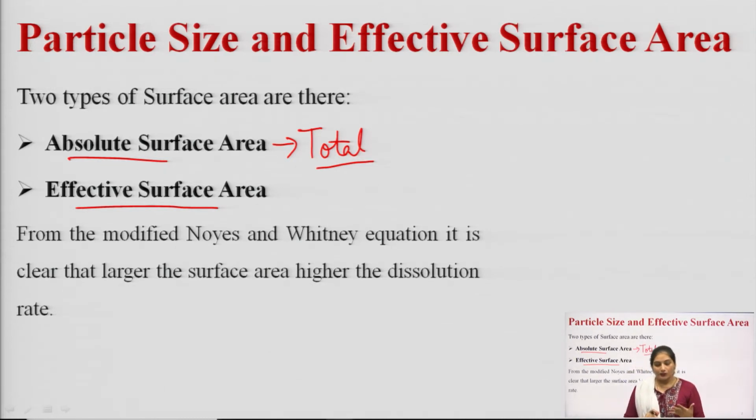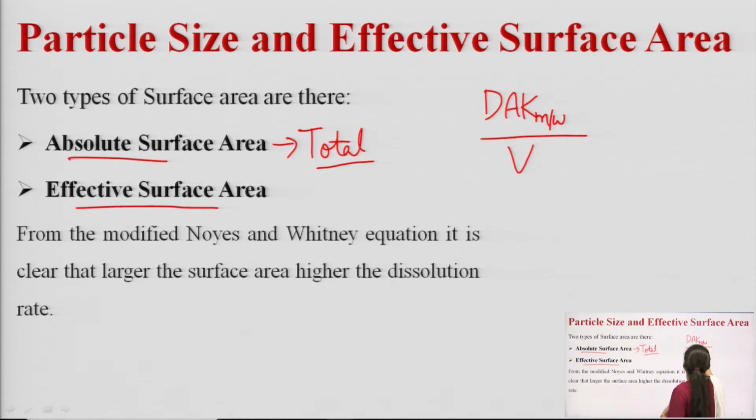As I told you about the modified Noyes and Whitney equation in the previous lecture, according to it, the rate of drug dissolution is equal to D A Km by W upon V h, times (C_GIT minus C).